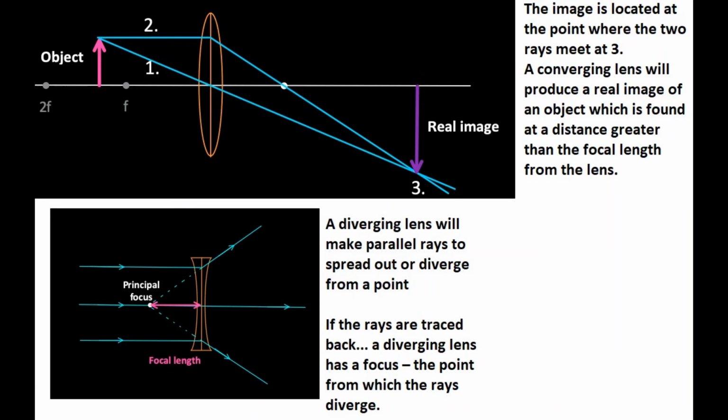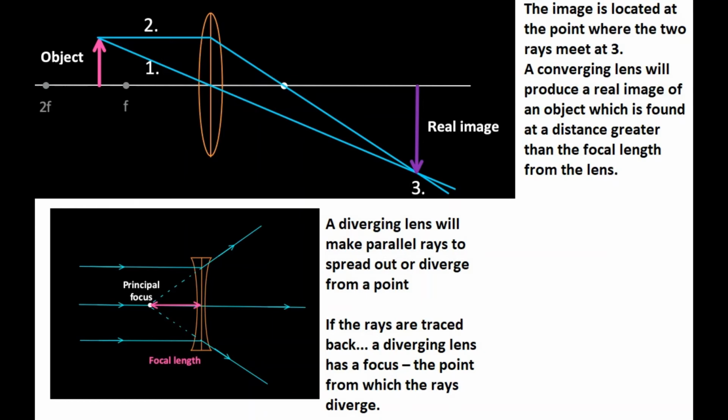All right, so the answers: the image is located at the point where the two rays meet at 3. Have a look at ray 1, which is just a straight diagonal line from the top of the object. It goes through the lens and it meets at 3. And have a look at ray 2, parallel to the x-axis.